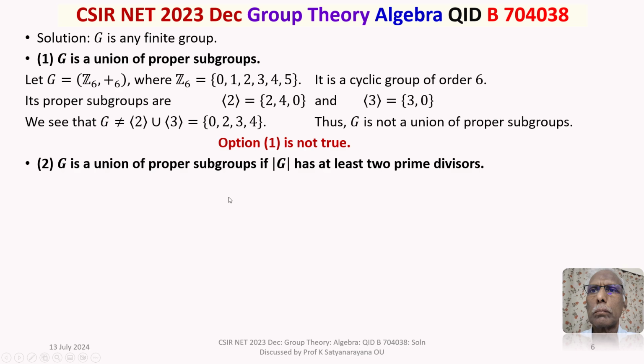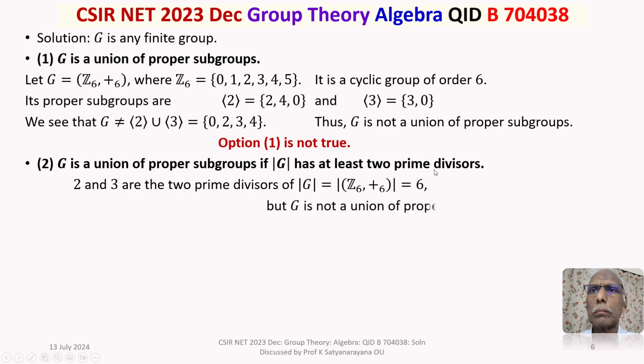Here 2 and 3 are two prime divisors of the order of G. But G, that is Z6, is not a union of proper subgroups, which we have seen in option 1.